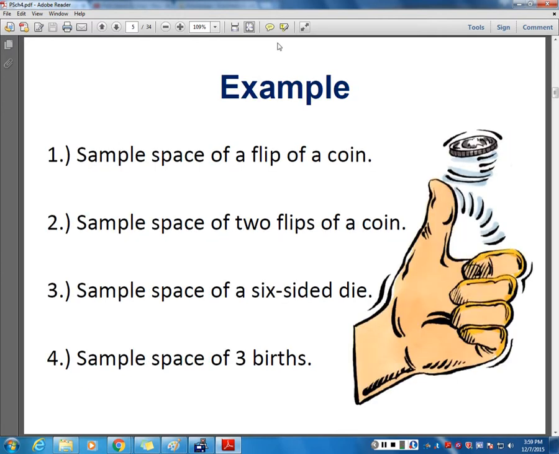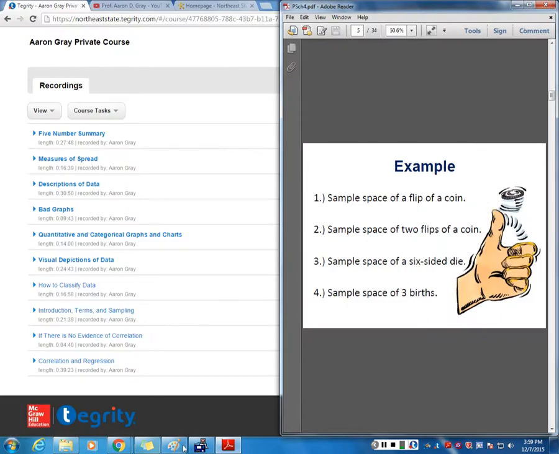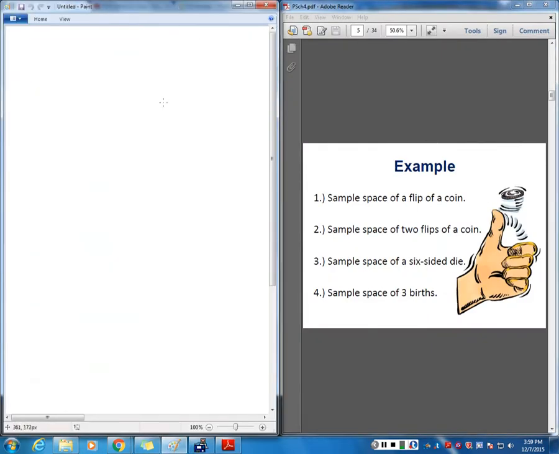Let's do a few examples. For example, let's find the sample space of a flip of a coin. If you flip a coin, the total possibilities or possible outcomes is heads or tails.